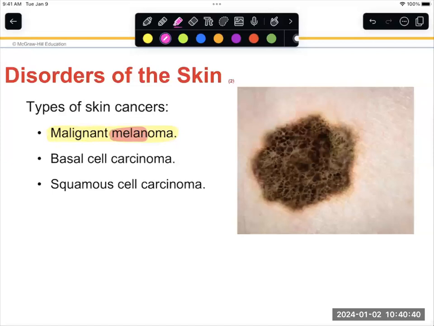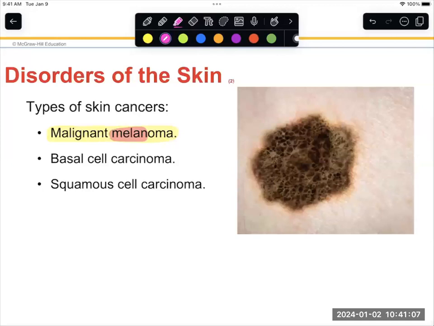This type of cancer usually begins as an irregularly shaped black mole. Out of all the different types of skin cancers, malignant melanoma has the highest rate of metastasizing. So these cancerous cells break off and go somewhere else in the body.